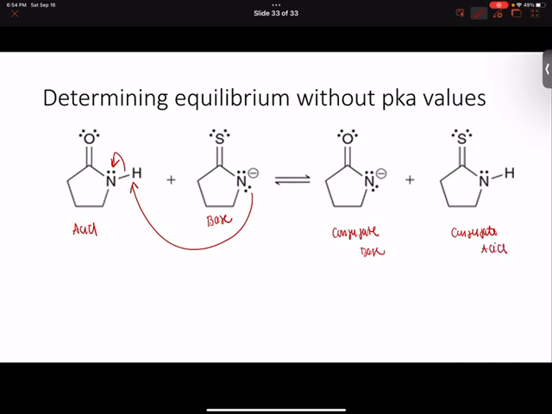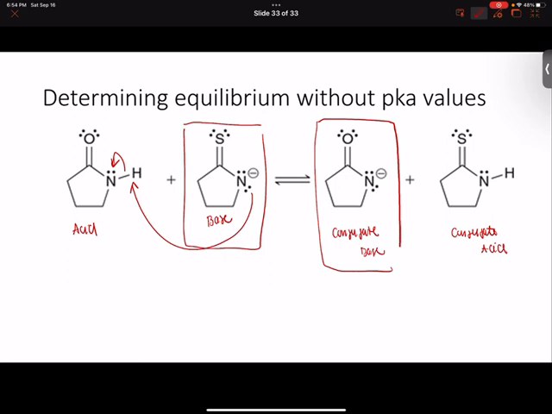Normally, when we're comparing acidity without pKa values, we look at the base. So we're gonna compare these two, okay? And then we can use ARIO for that one. So then we have our nitrogen negative.